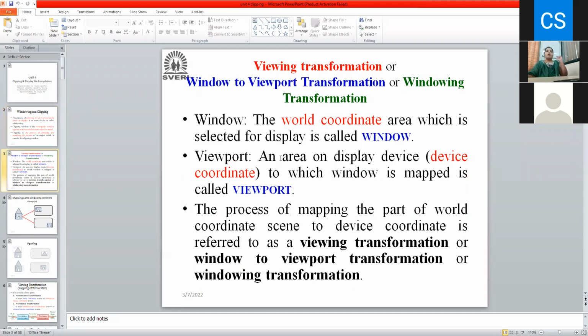Then we have seen the viewing transformation. It is converting the world coordinate system into the device coordinate system, that is, converting the image from window to viewport. It is also called the windowing transformation.